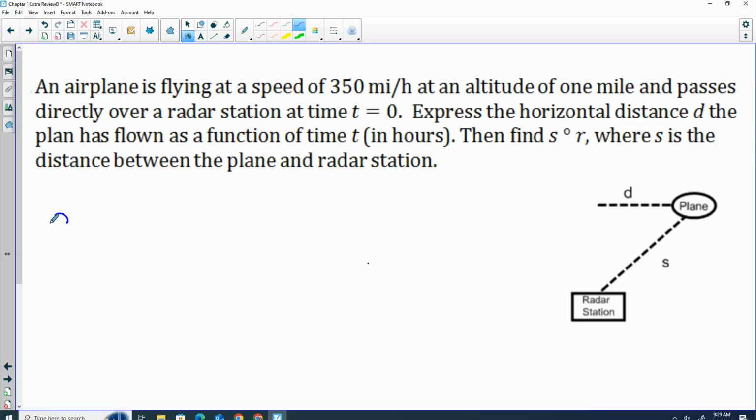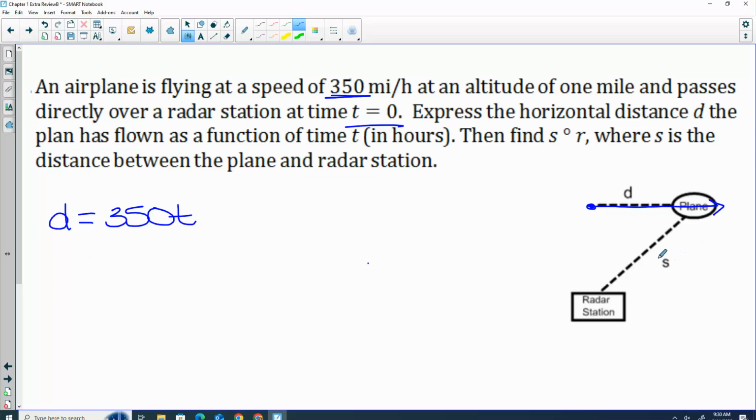So this is starting at time 0. My plane is flying. What expression would we use for that distance? It's flying 350 miles every hour, so times your time.